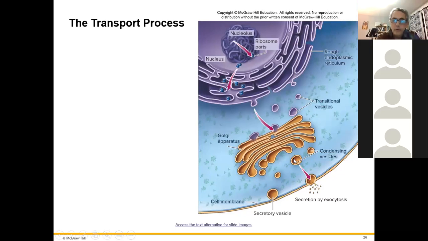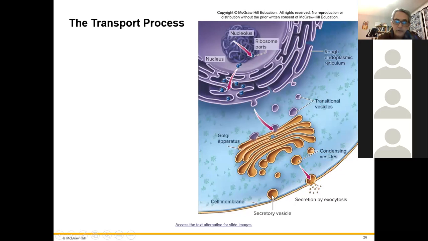So this shows you the whole process, the nucleus region, transcription of ribosomal RNA, protein synthesis occurring, the proteins being transported to the Golgi apparatus where they can be modified, and then they can be in these membrane-bound vesicles that can go to the cell membrane.